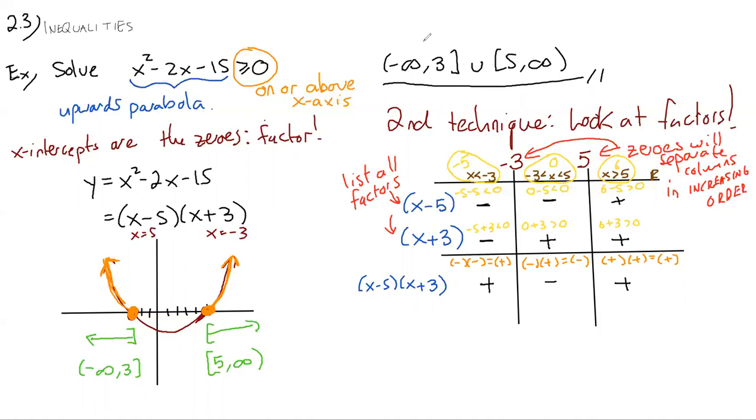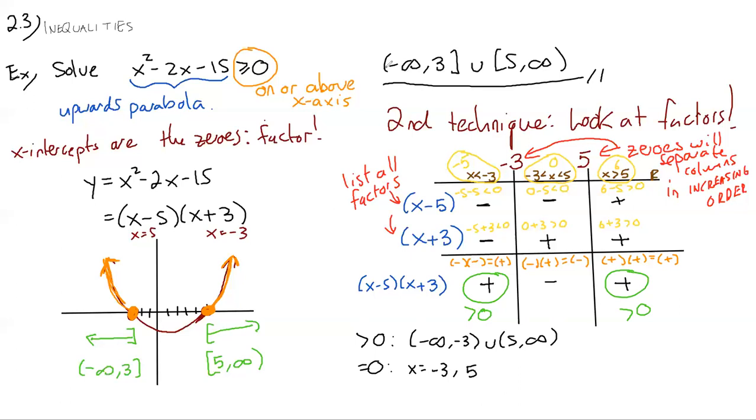And then that's going to answer this question for us. The greater than or equal to 0 means positive or 0. So positive means it's greater than 0. We should be able to just put our answers together here. Greater than 0 will be negative infinity to negative 3, along with 5 to infinity. The equal 0 occurs at those endpoints, the negative 3 and the 5.